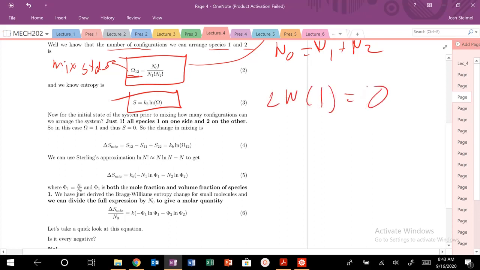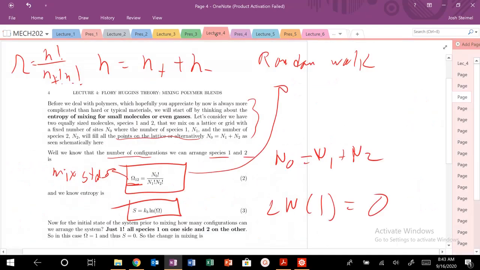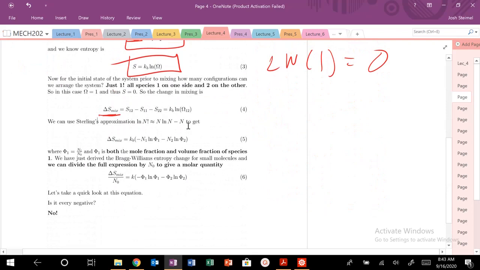That's going to be 0. So when we look at our delta S of mixing, the change in entropy going from this initial state to this final state, the change in entropy upon mixing is just going to be S12, the entropy in the mixed state, minus your entropy in your initial states. But we know that this is 1, so that's going to be 0. So our delta S of mixing is just this function.